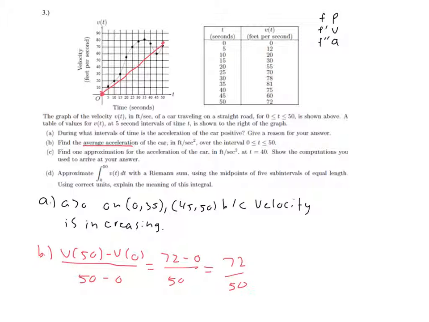My units are going to be feet per second squared, because my output values were measured in feet per second, and my input values were measured in seconds.